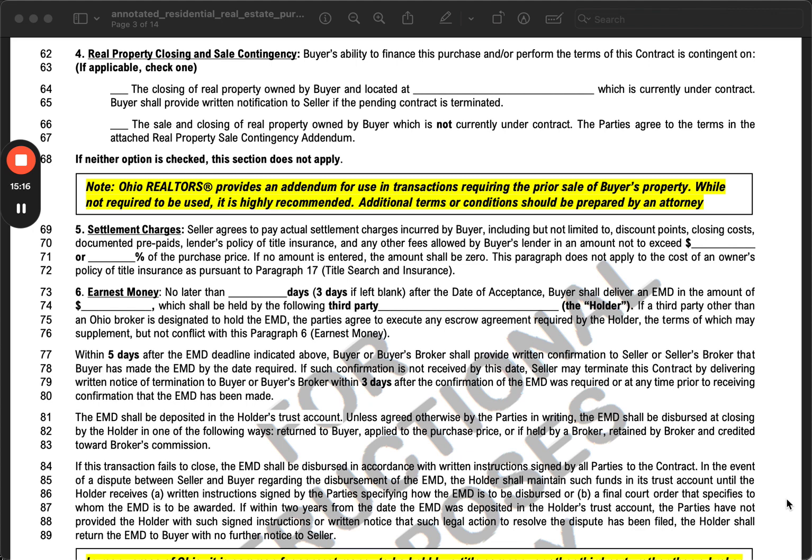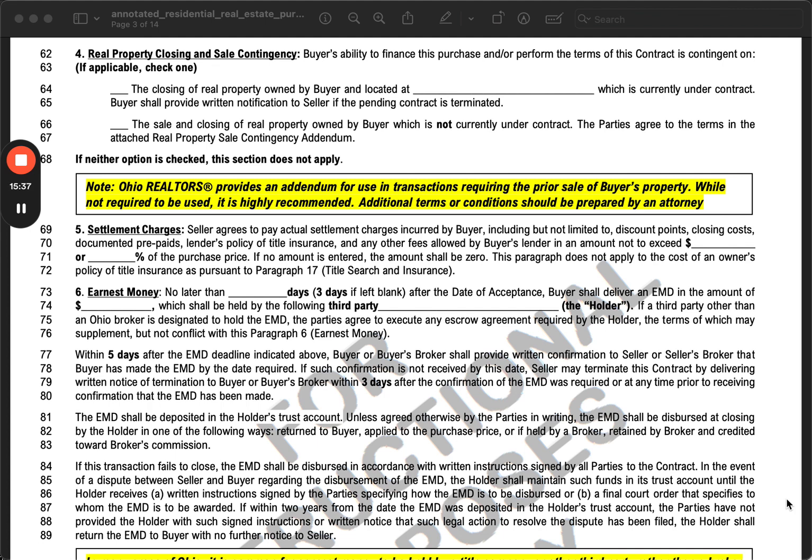Note, Ohio Realtors provides an addendum for use in transactions requiring the prior sale of a buyer's property. While not required to be used, it is highly recommended. Additional terms or conditions should be prepared by an attorney. So we do have uploaded the property addendum that they are talking about.